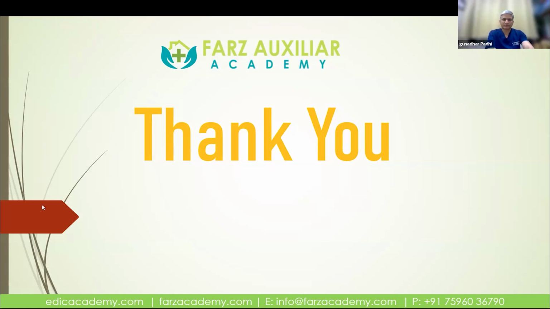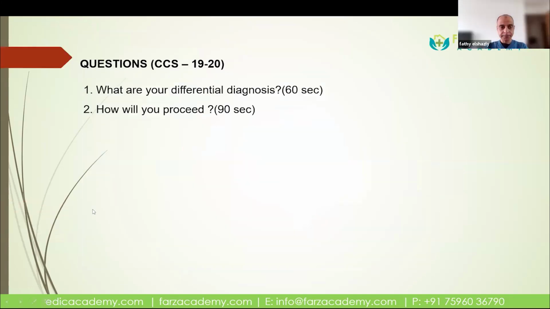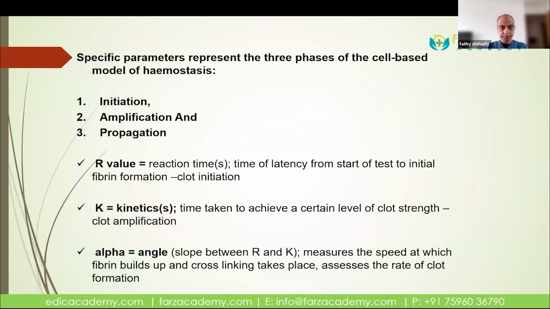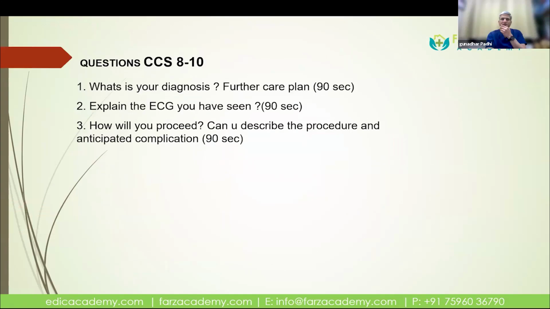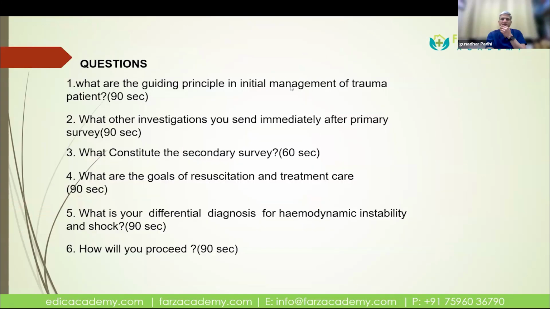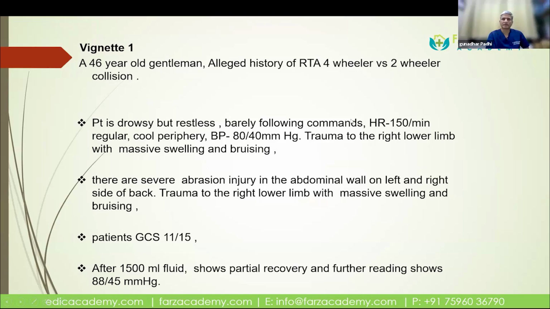So let me first start with the clinical case. This is basically a trauma, and we have 7 vignettes here. I'll just start with a simple case. A 46-year-old male with a history of trauma. When the patient was received in the emergency room, he was drowsy and his GCS had dropped from 15 to 11, and he is quite tachycardic.